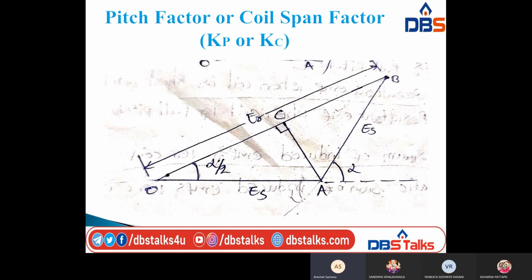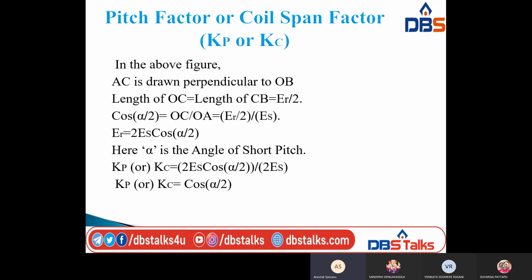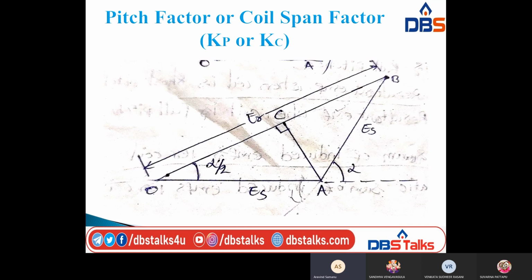So here I am taking cos alpha by 2. We have the formula for the cos term, that is adjacent side by hypotenuse. So from this one I am taking OC by OA, adjacent side by hypotenuse.